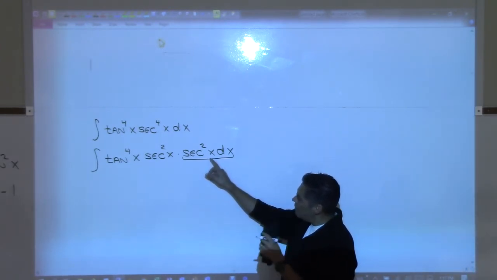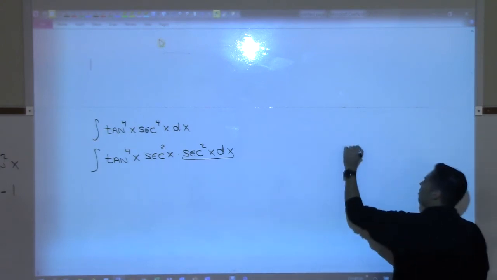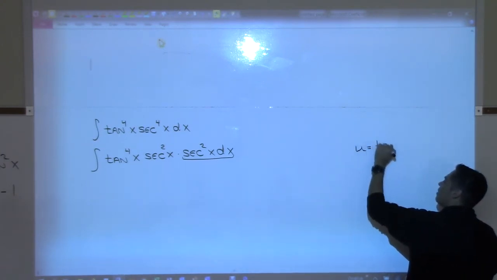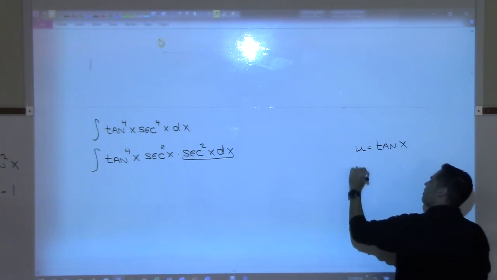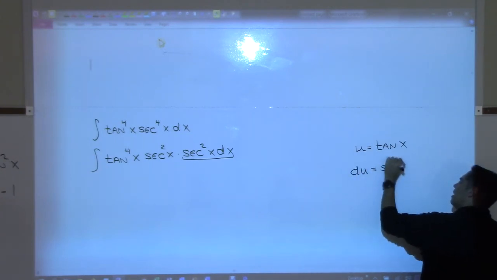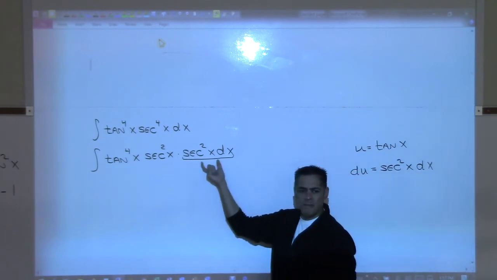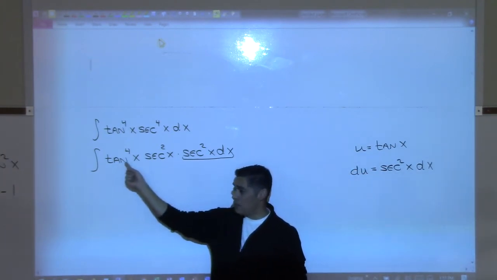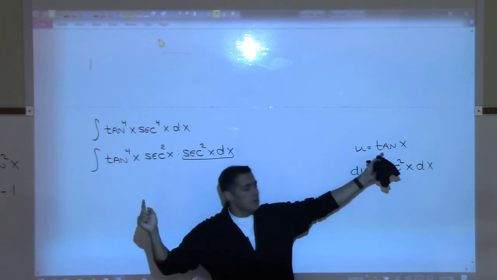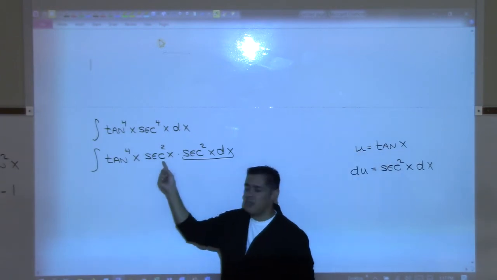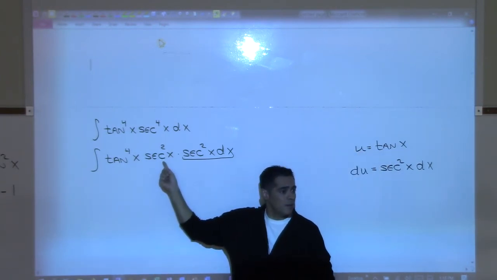So we're kind of getting there. We know that our substitution needs to be tangent x. We know that the derivative of that would be secant squared x dx, so we'll be able to replace that with du. We'll replace the tangent to the fourth with u to the fourth. The only issue is this secant squared. What do we replace it with, right?